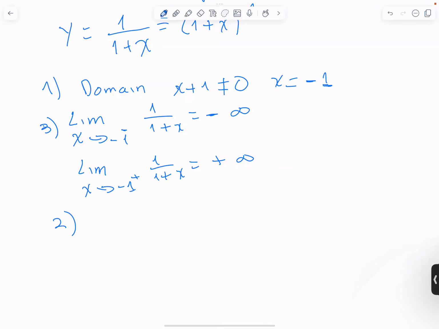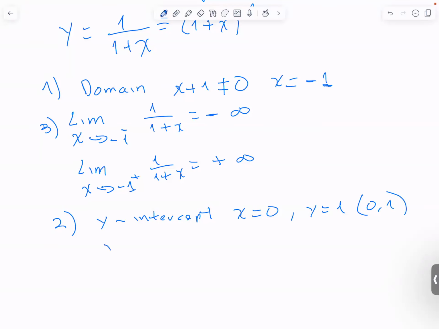Now, find the x-intercept and the y-intercept. For the y-intercept, x has to be 0. When x is 0, y equals 1, so the y-intercept is the point (0, 1).